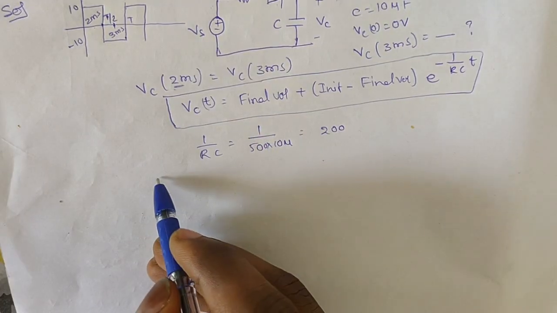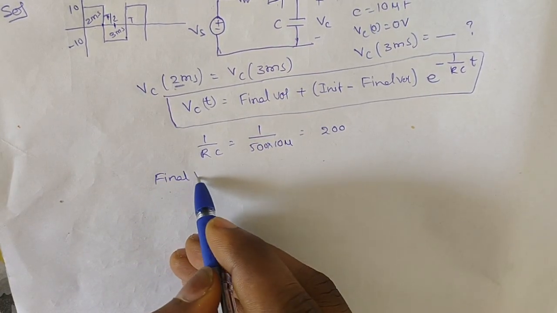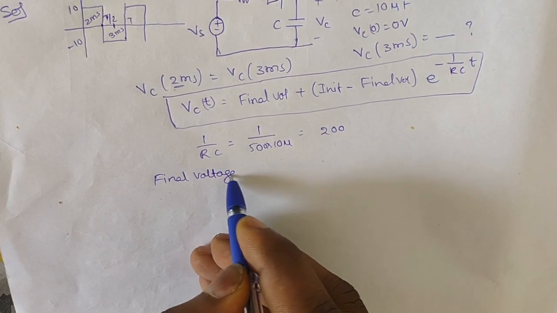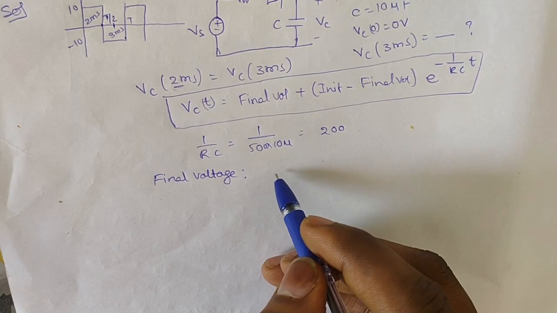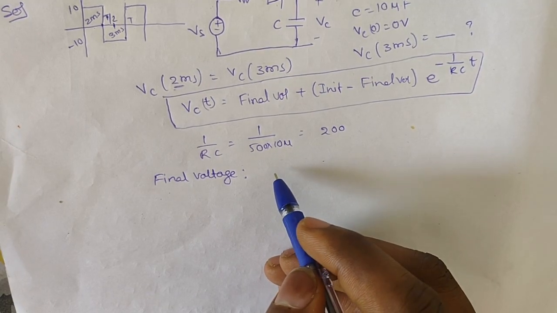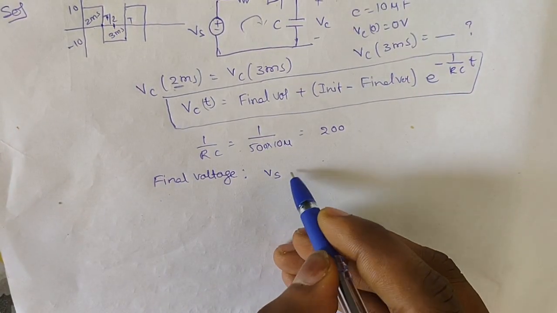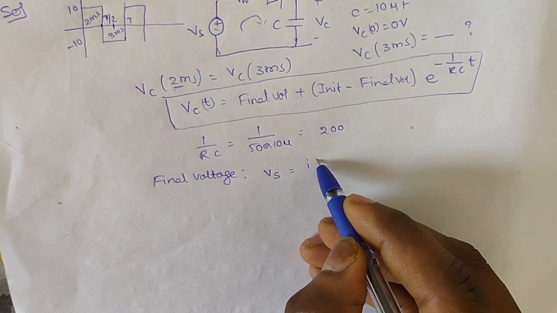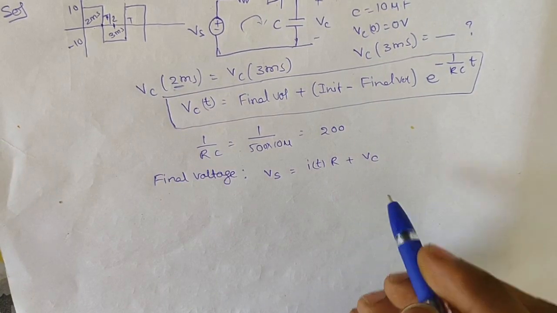And we need to find the final voltage. If you apply KVL here, Vs is equal to I times R plus Vc.